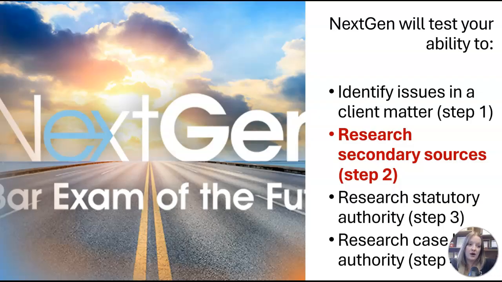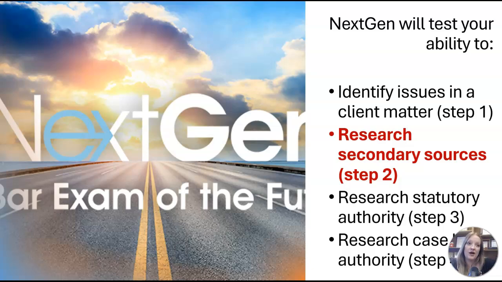So our step one, the language that NCBE, the National Conference of Bar Examiners, uses in this NextGen documentation is they want to test an examinee's ability to identify issues in a client matter. The language says including legal, factual, and evidentiary issues.